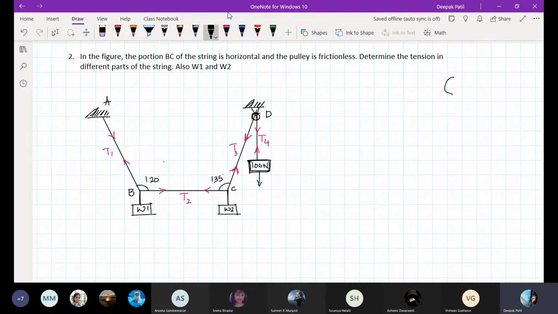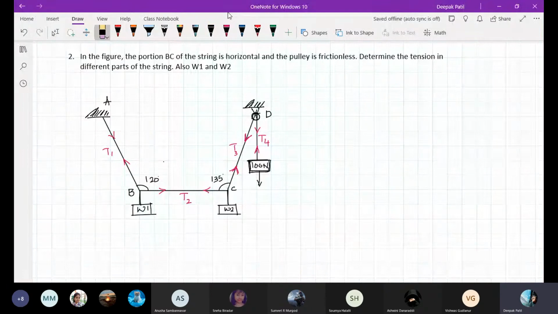There will be a roller, and on that roller there will be two strings. This pulley can rotate easily. When a pulley can rotate easily without any friction, that kind of pulley is called a frictionless pulley.